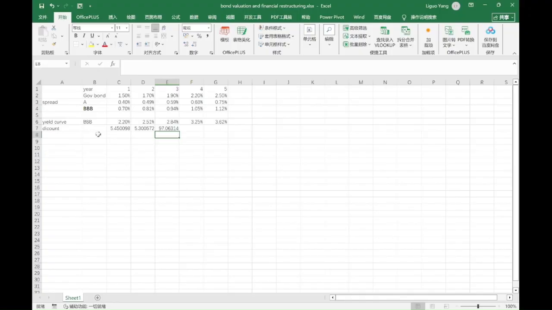So we have already discounted all the future cash flows, and then we will get the bond's value.